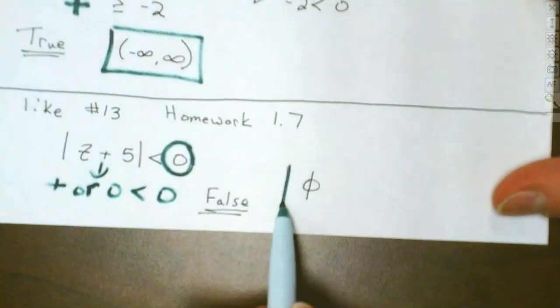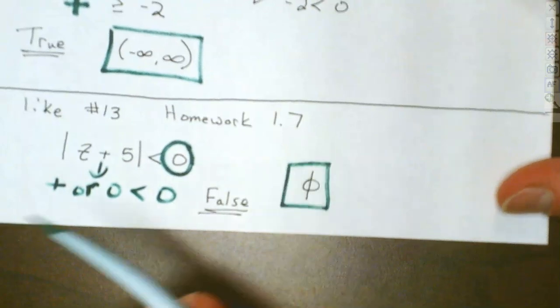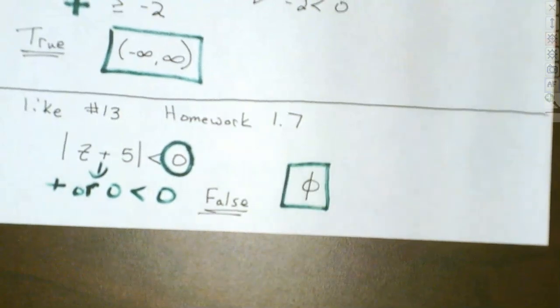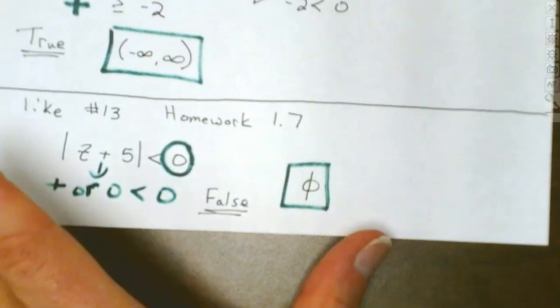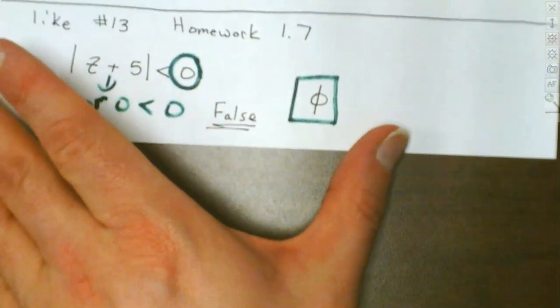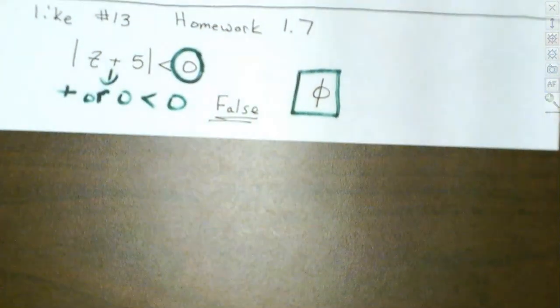Your solution would be the empty or the null set. If it was going to be greater than or equal to 0, with the equal bar underneath and the inequality flipped, then it would be true. But positive numbers are not smaller than 0. That's false. And that's very, very similar to question 13 in your homework.